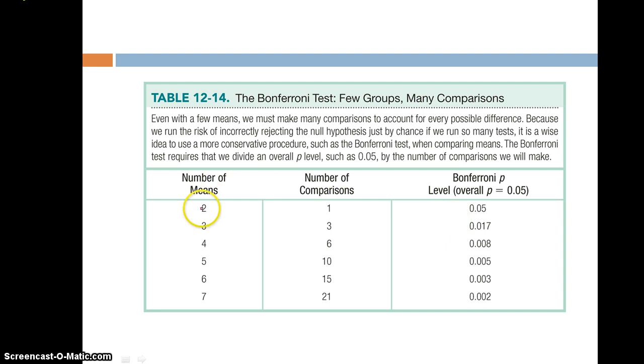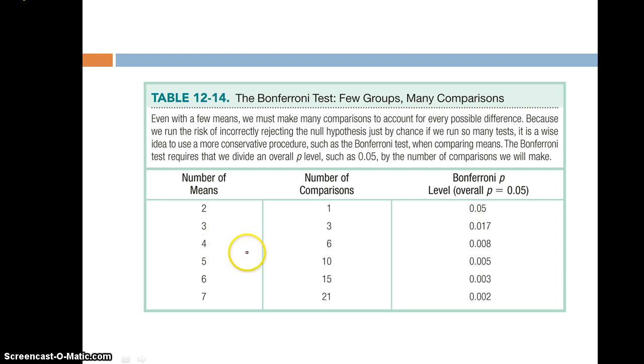So if you were comparing two means, that's one comparison, so you would just leave your Bonferroni at 0.05. In our case, where we had three different groups, the number of comparisons means that our Bonferroni has to be 0.017.